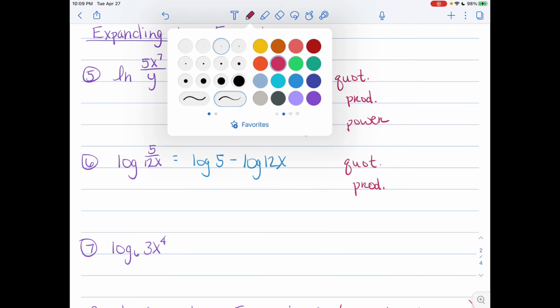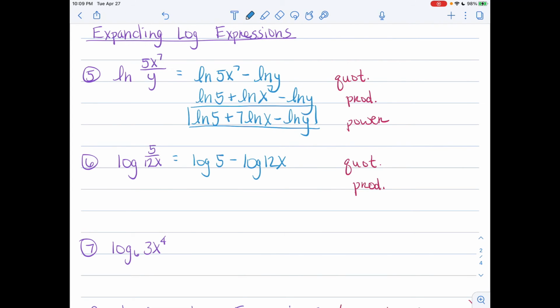My log of 5, I can't do anything with that. Now I need to subtract log of 12 plus log of x. Now I want to caution you here. We are starting to break this apart with this multiplication by adding. However, there is a subtraction sign here in front.